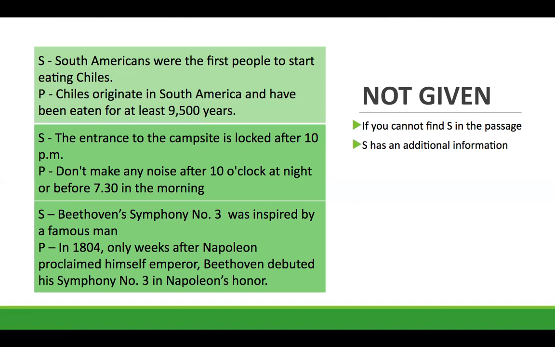In 1804, only weeks after Napoleon proclaimed himself emperor, Beethoven debuted his Symphony Number 3 in Napoleon's honor, inspired by a famous man versus Napoleon's honor.